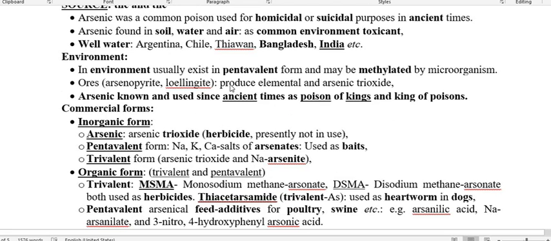Now, regarding the existence of arsenic, it comes in three forms, that is, three oxidation states: the trivalent form, the pentavalent form, and elemental arsenic.